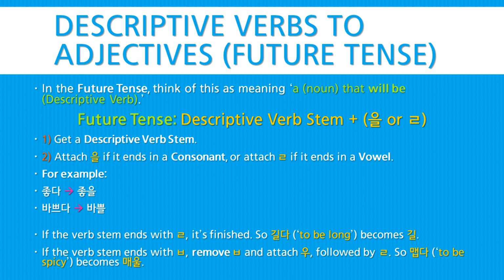And 바쁘다, to be busy, would become 바쁠. If the verb stem ends with ㄹ, it's finished. So 길다, to be long, becomes 길. Or if the verb stem ends with a ㅂ, remove the ㅂ and attach 우, as usual, followed by a ㄹ. So 맵다, to be spicy, would become 매울.